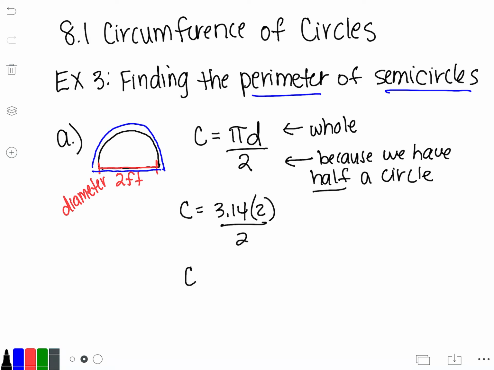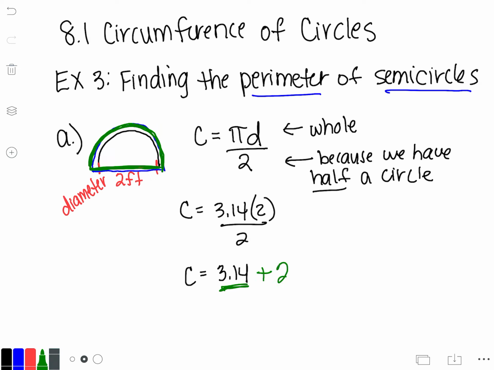So the circumference, or really the perimeter of half of the circle, for now is 3.1. Now, you have to be careful because really that's just, I'll use green, that 3.1 is just this part right here. And so that's not all the way around our perimeter quite yet. You still have to add this 2 feet for the diameter.